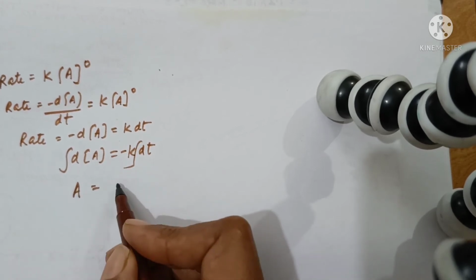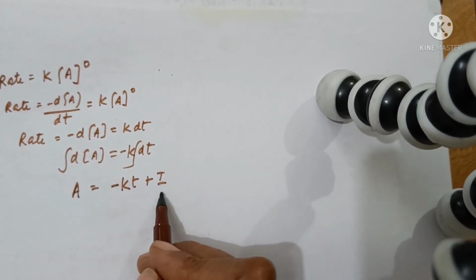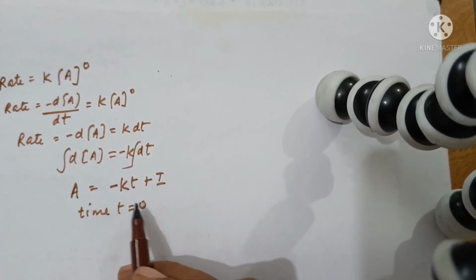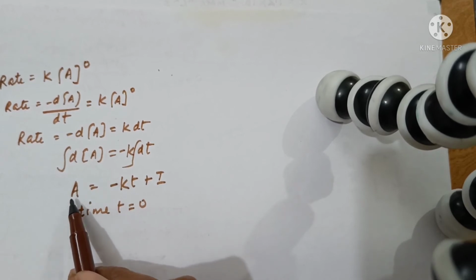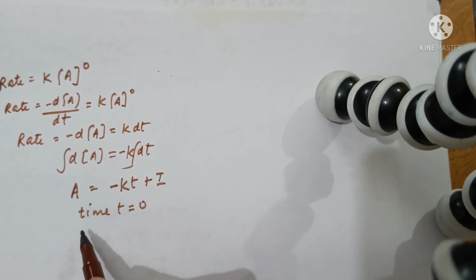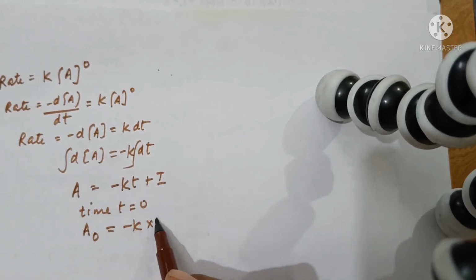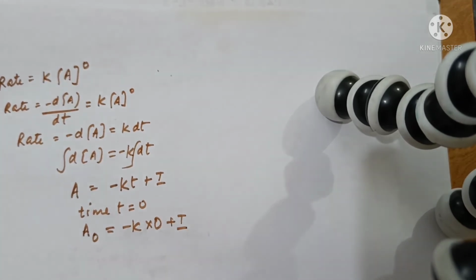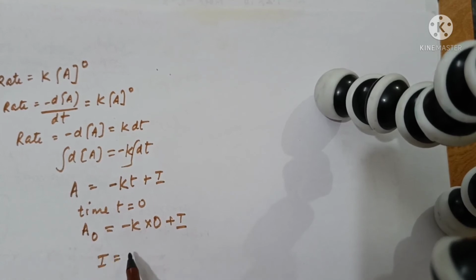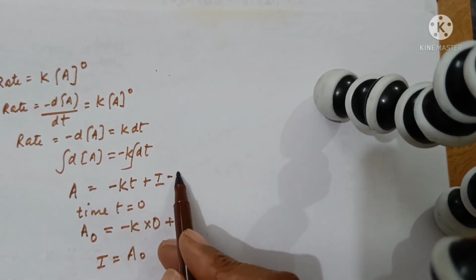So this comes out to be A is equal to minus k t plus I. To find out the value of I, let us consider time t is equal to 0, when the concentration is the initial concentration, or A naught. So at time t is equal to 0, A becomes A naught is equal to minus K into T, which becomes 0, and we have I. So I is equal to A naught, because this term is 0. So we can substitute the value of I in this equation.